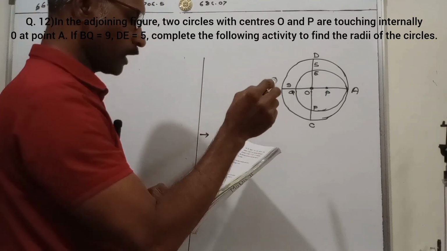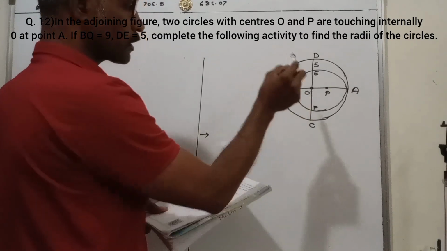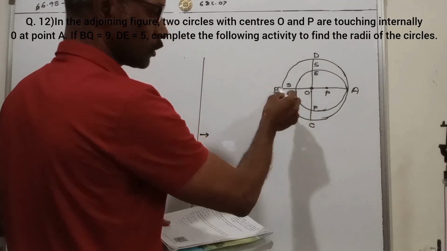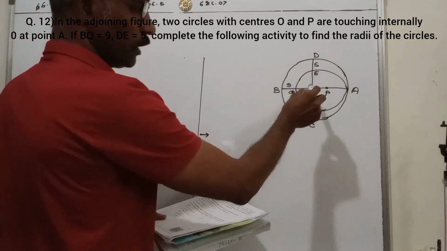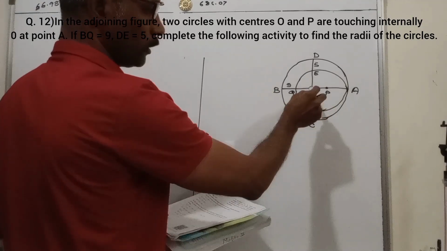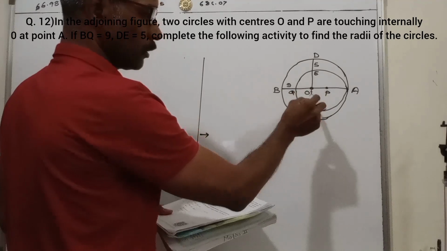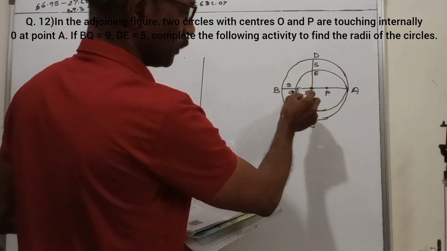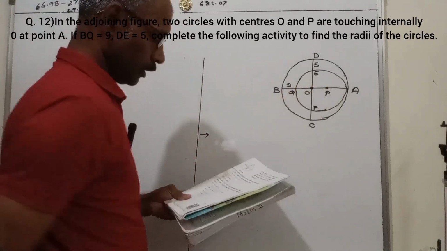Complete the following activity to find the radii of the circles. Means find OA, OB, OD, OC, then OP, OQ, OE, PQ, PA. This way. Now we will find out.